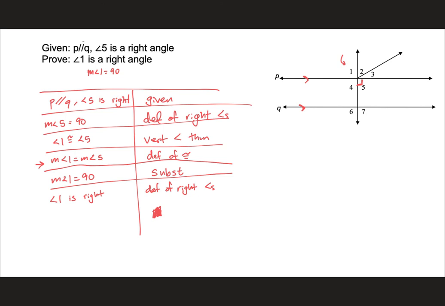Then, because the two angles were congruent, I knew they were equal. And because they were equal, I knew I could substitute in the value of 90 for the measure of angle 5. And that's how I got this next step. That was the step I was looking for before I went to my last one. And therefore I said that angle 1 is right because of the definition of right angles.